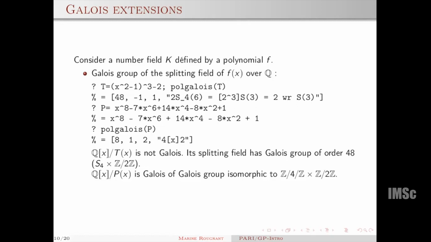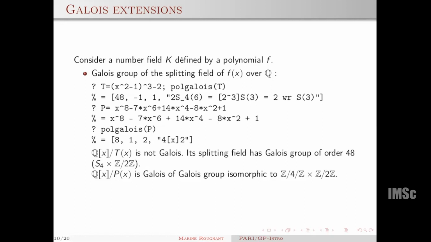And here you have the order of the Galois group, but also its name. It's not quite easy to read, but you have some functions that translate it into a language that you know. So this is the structure of the Galois group, and this is the order.